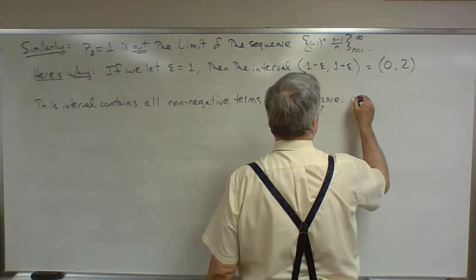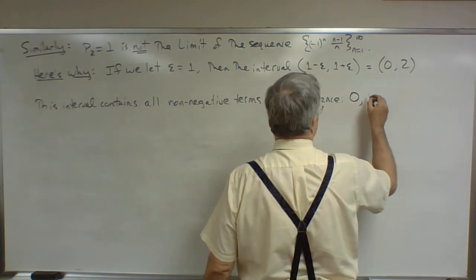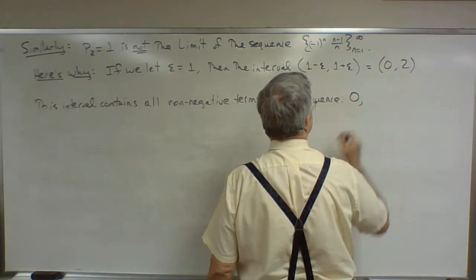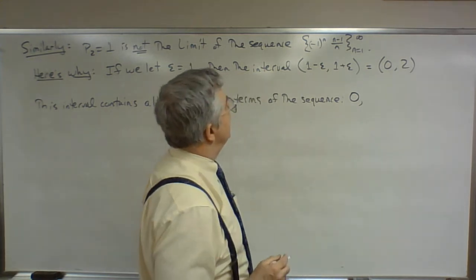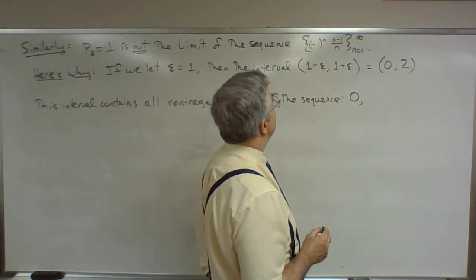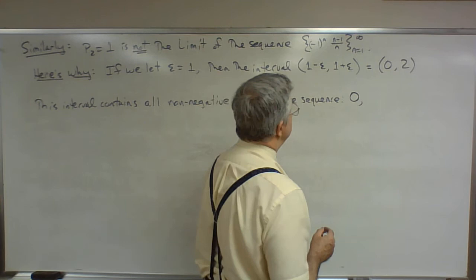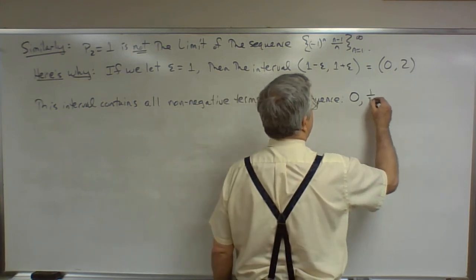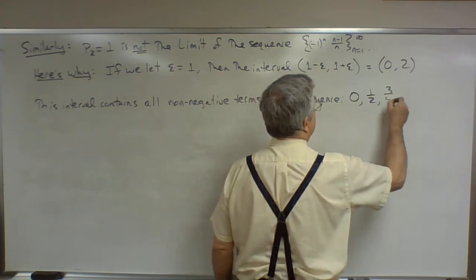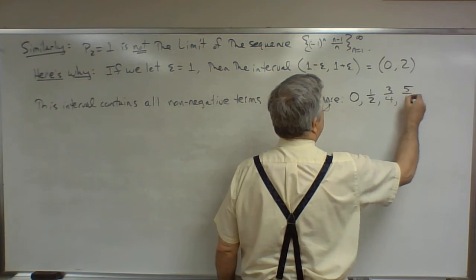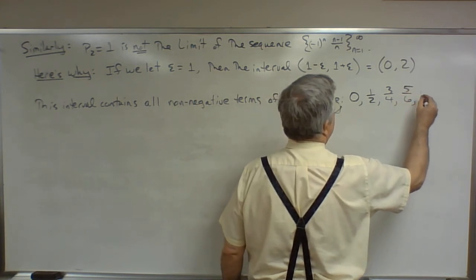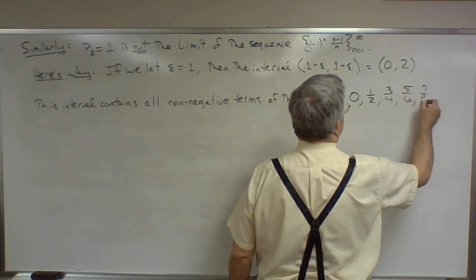It contains 0. When n is 2, it contains 1/2, and then 3/4, and then 5/6, and then 7/8.